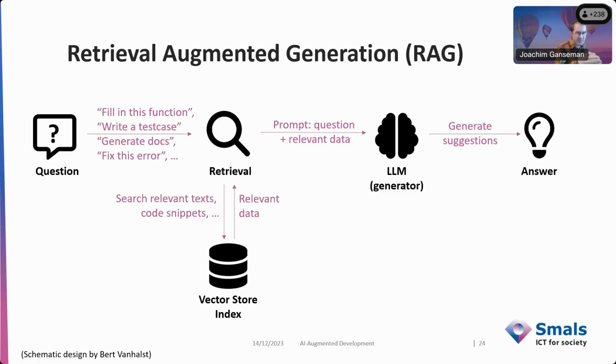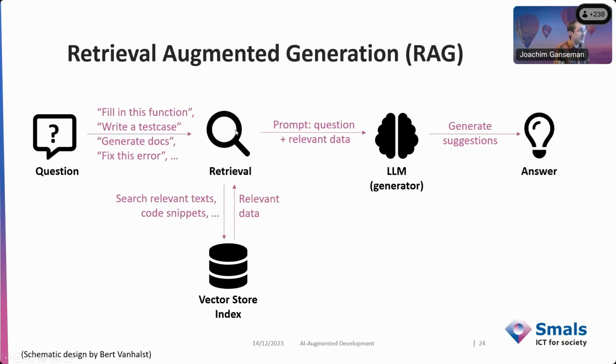So this kind of system, it's basically an instance of retrieval augmented generation. So we have a question here, fill in a function, write a test case. We're going to retrieve relevant text or code snippets from our code base that has been indexed, most likely in a vector store, could be some other store, or at least internally made.